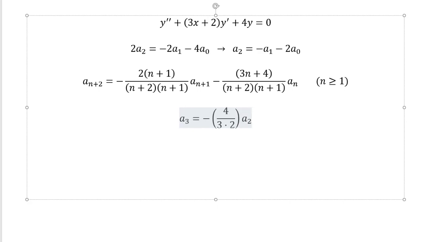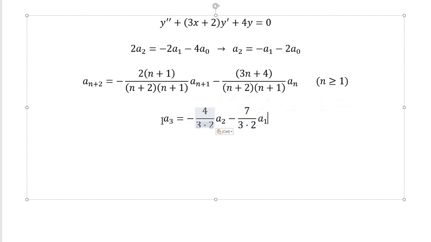And then minus, when n is 1, 3 times 1 plus 4, that's 7, right? 7 divided by, again, it'll be 3 times 2, a1. But I don't know why I have a parenthesis here. Let's write it without a parenthesis. It's not important. Okay, so here, this is not done yet because a2 is not your goal.